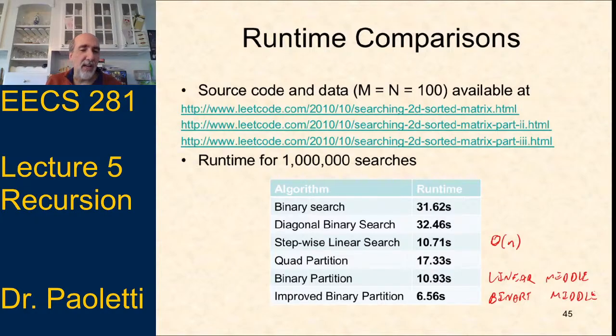So binary searching the middle row or middle column turns out to be the best way to do it. Both of these were big theta of n, but one of them comes out with better timing than the other.